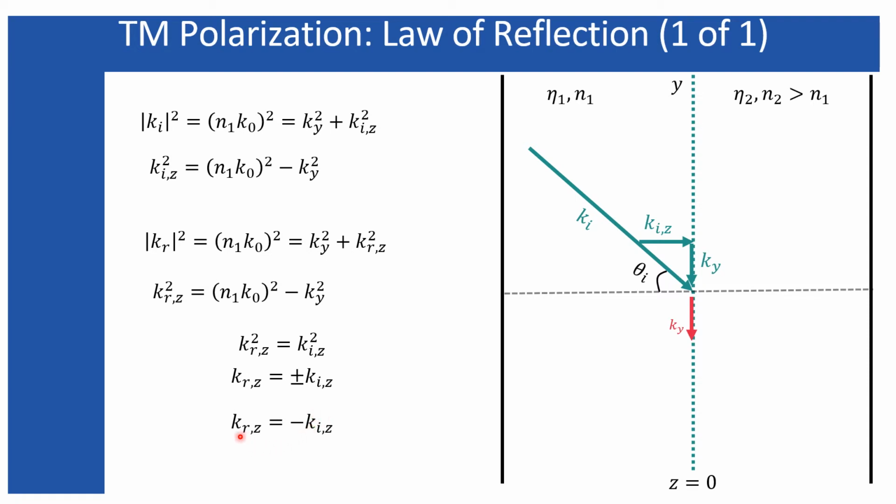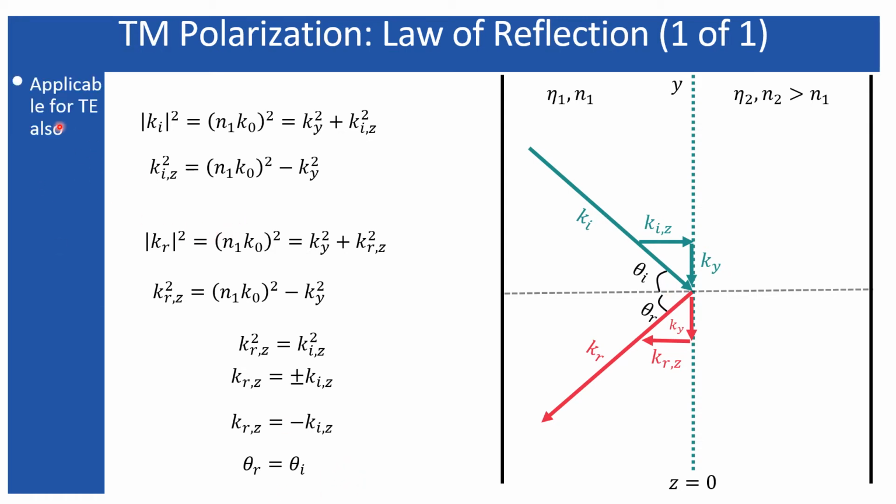Therefore, the z component of the reflected wave will be equal in magnitude to that of the incident wave, but opposite in direction, as shown over here. That is why the angle of incidence theta i and the angle of reflection theta r will always be equal, and that is the law of reflection.